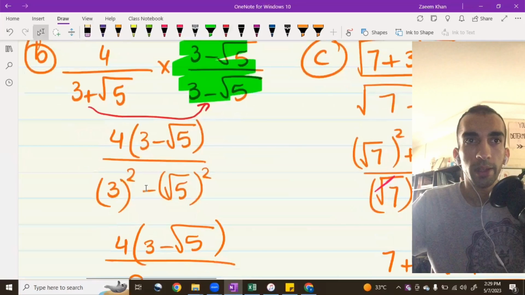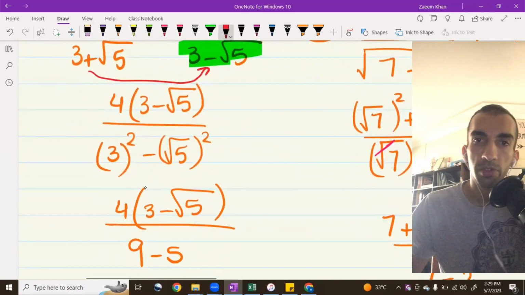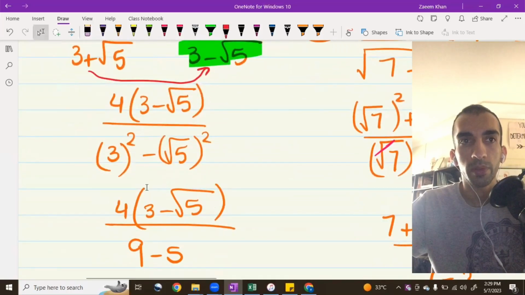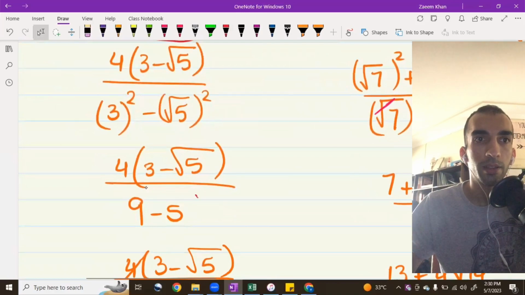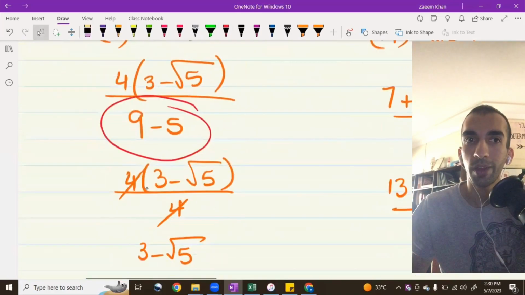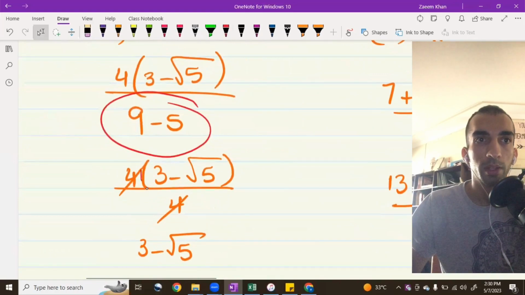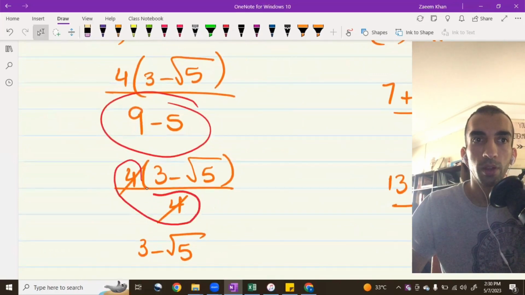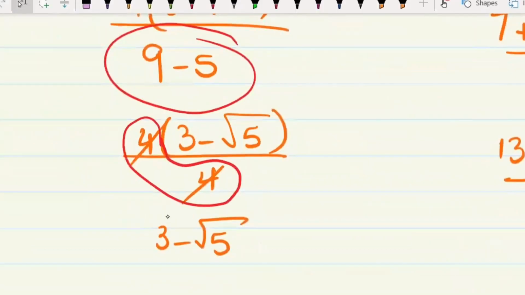If I do that and apply the same distributive property that we've done a couple of times now, you will see that suddenly the denominator does not have a square root sign anymore. It vanishes. What I can do then is I see that there's a 4 in the denominator and a 4 in the numerator. I can cut them out and I'm simply left with 3 minus square root of 5. 3 take away square root of 5. Does that make sense? Yeah.